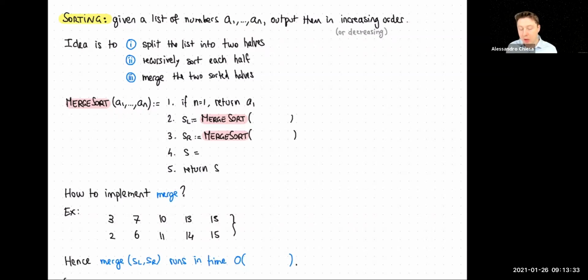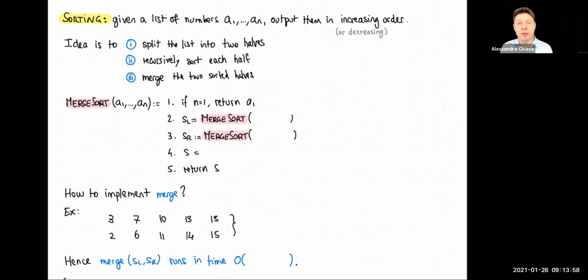Now, like all recursions, you do have to have an understanding of what to do in the base case. The base case is when you're asked to sort a list that consists of a single element. That's pretty easy, right? You just return the element. There's nothing to do.